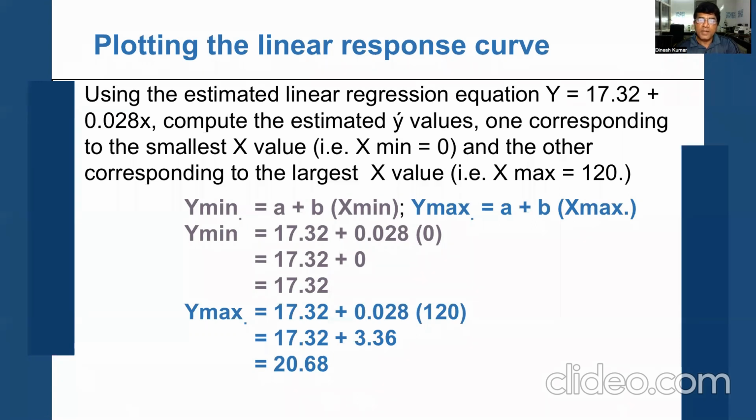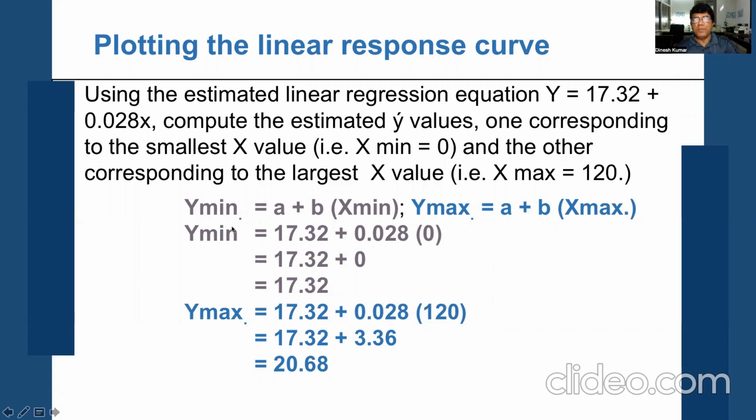If we estimate y for x equal to 0 and x equal to 120, those will be used to draw the line. You will have the respective y0 when you have x0, and the respective y120 when you have x120.